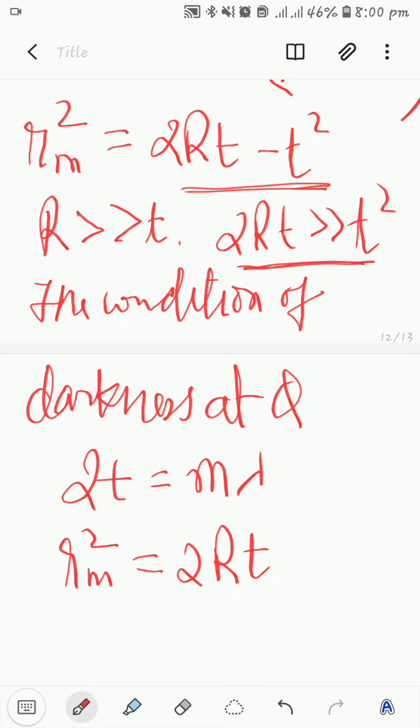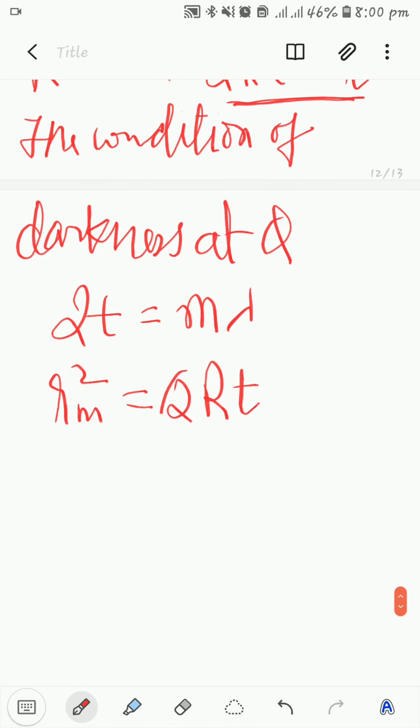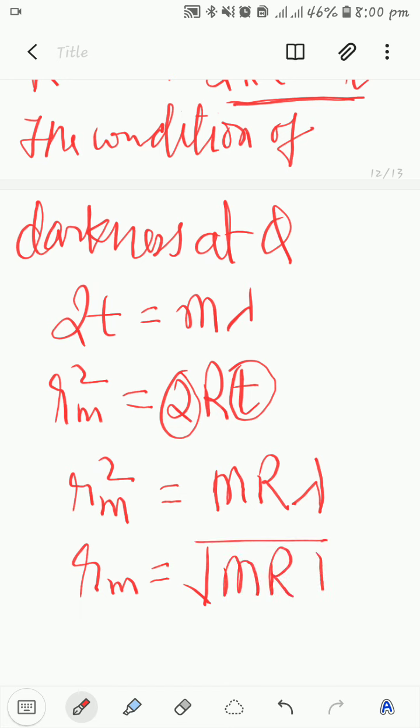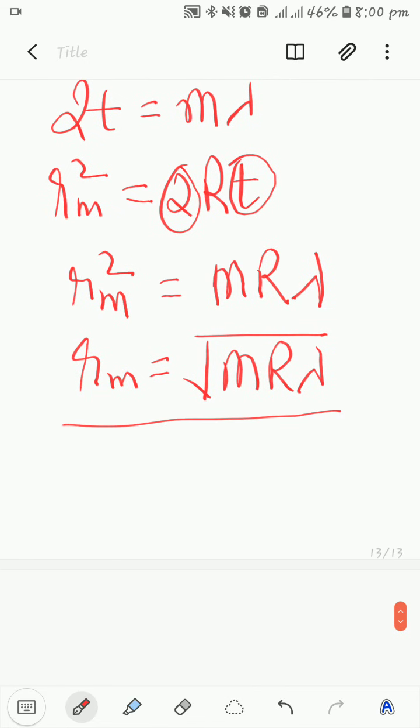Okay, so what we can put here in the place of 2t is m lambda, so rm square is equal to m R lambda. We can write rm is equal to under root of m R lambda. So what we see from here is that the radius is dependent upon the order of the fringe, the wavelength lambda and the radius of curvature.